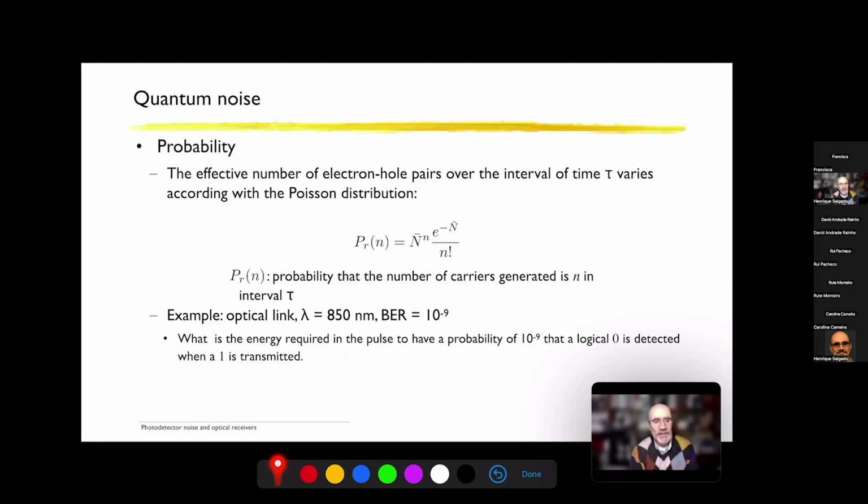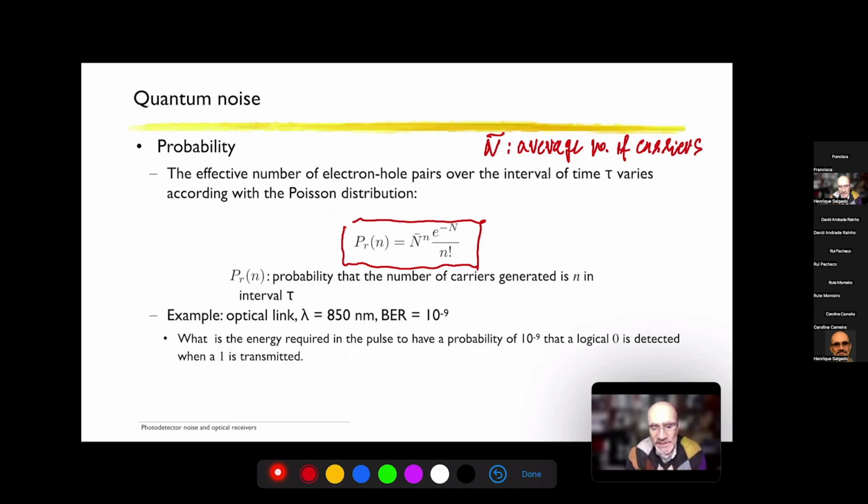And so if we have a certain average number of carriers received at the photodetector, the actual number of electron-hole pairs over this interval of time varies according to the Poisson distribution, which we know is given by this equation here.